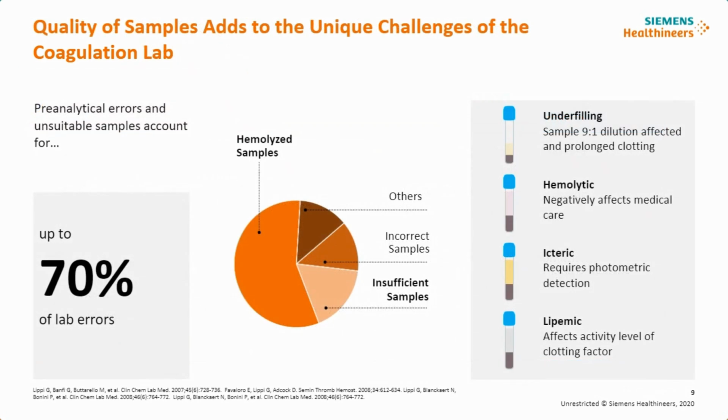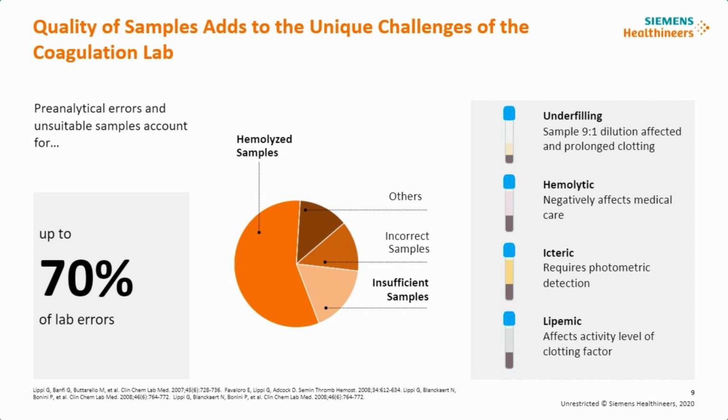It's really interesting that pre-analytical errors account for up to 70% of the lab errors that we see. Interestingly, the majority of those are hemolyzed specimens, which can have negative effects on medical care by causing interference that prevents us from getting the correct result.